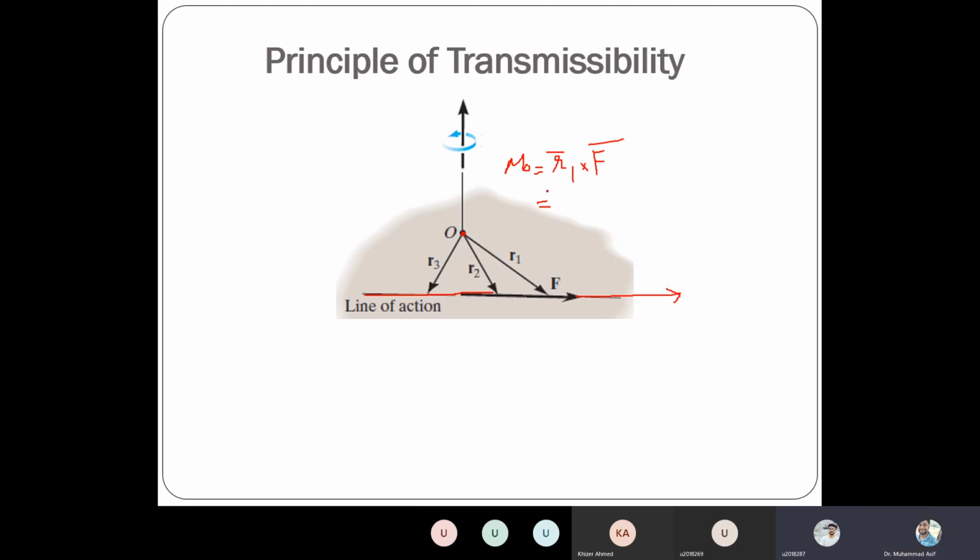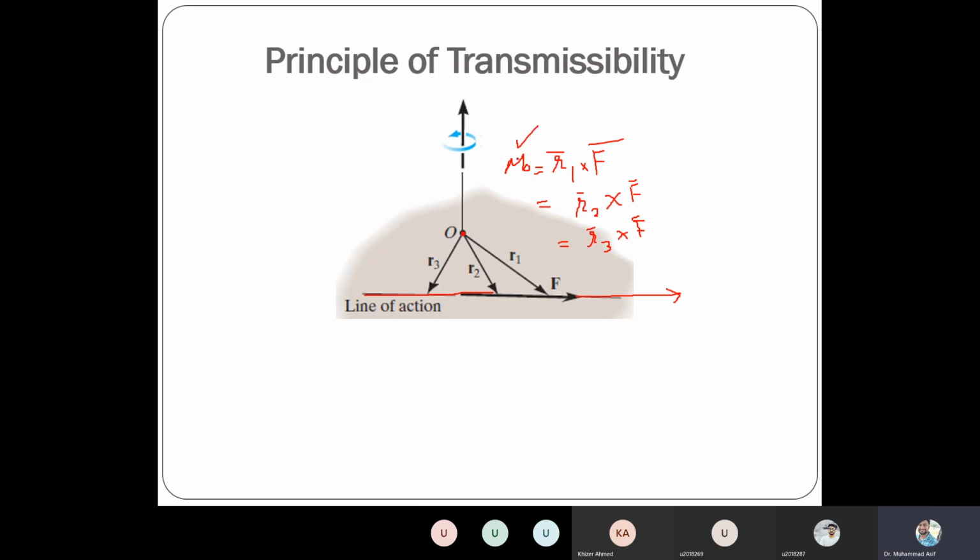But you can also take R2 cross F. This will give you the same answer. Similarly, if you take R3 cross F, this will give you the same answer. So that's called the principle of transmissibility: in 3 dimensions you can take any position vector on the line of action of the force, take the cross product, and you will get the same answer.